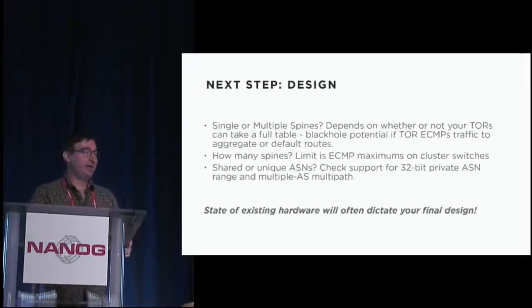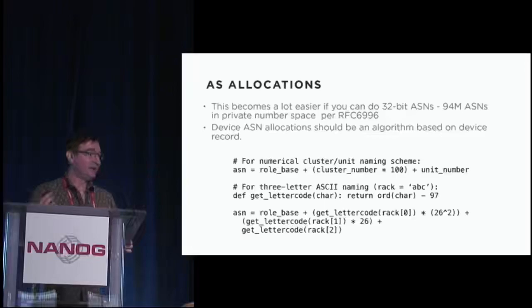When you assign ASNs to your network devices, do you use a shared space, or do you assign every device a unique AS number? Well, it depends. Does all your hardware support 32-bit ASNs? If so, great, do unique. Otherwise, you're going to have to make some compromises. As far as AS allocations, again, if you can use 32-bit ASNs, do it. We came up with a couple of numbering schemes based on the naming conventions we were using at various layers.